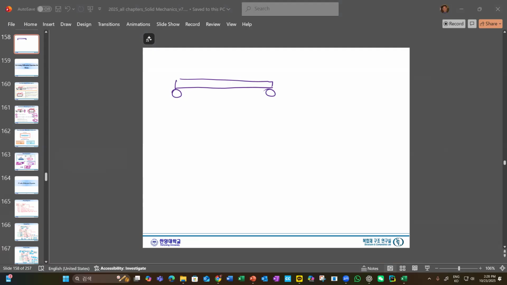So now we would like to know how much vertical load it can carry without failure. This beam can be considered as any structure or even larger, an airplane or anything. I just want to help you visualize. And this is the force P.